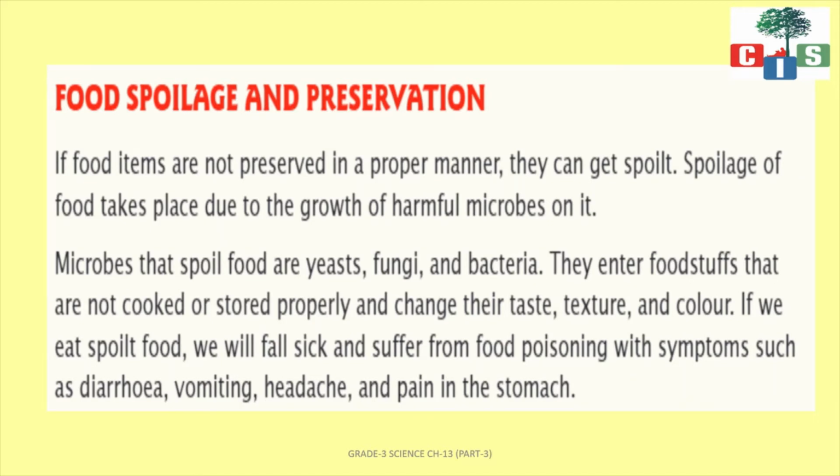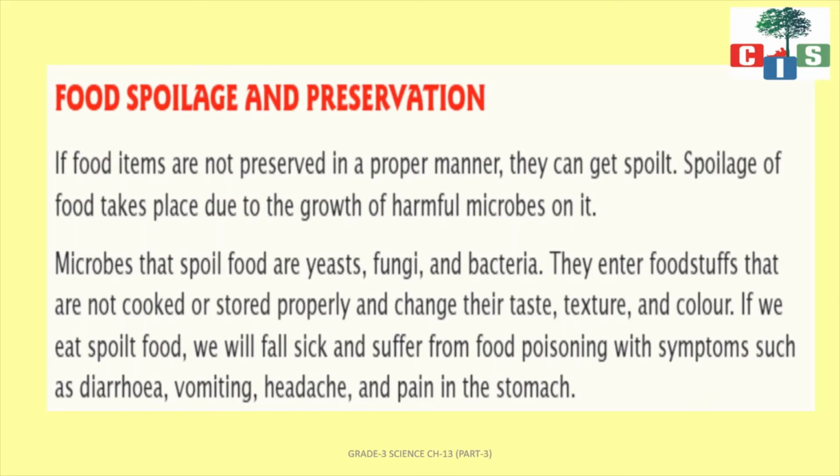If food items are not preserved in a proper manner, they can get spoiled. Spoilage of food takes place due to the growth of harmful microbes on it. So whenever we have kept our bread or roti, chapati for some days, you can see a white colored substance grows on it. Yes, they are known as microbes.